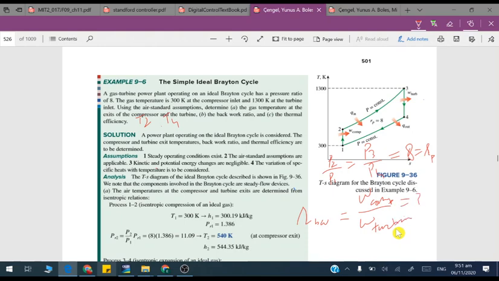So we have to determine this, and further this compressor work will be H2 minus H1. So we can write it as H2 minus H1 divided by W turbine, meaning H3 minus H4.